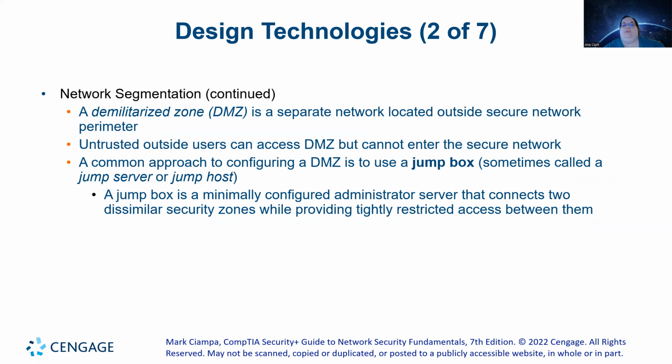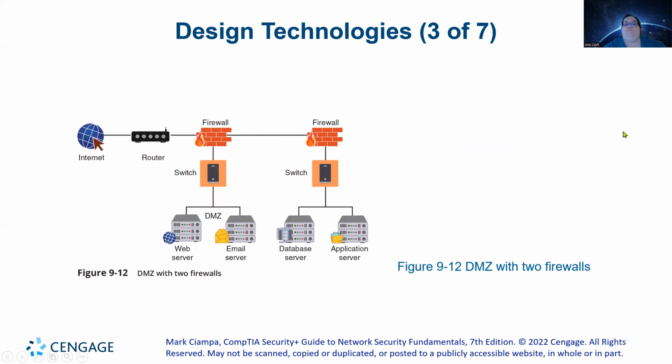Then we have your DMZ, which separates the network located outside the secure network perimeter. Untrusted outside users can access the DMZ but cannot enter the secure network. A common approach to configuring a DMZ is to use a jump box, sometimes called a jump server or jump host, which is a minimally configured administrator server that connects two dissimilar security zones while providing tightly restricted access between them.